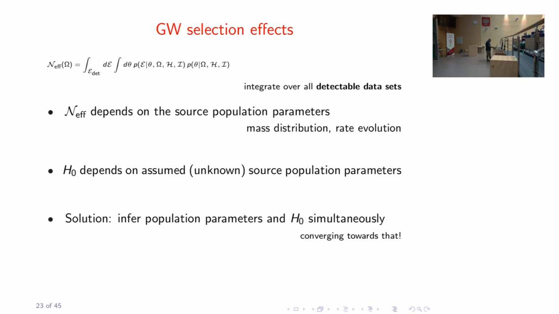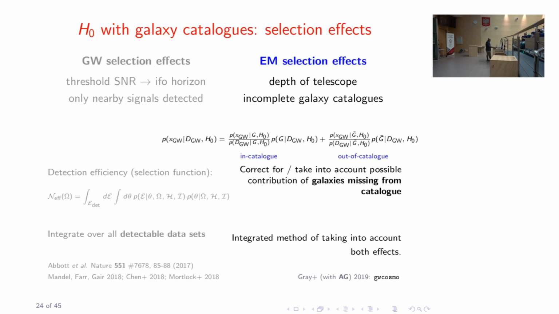I already said out loud what is written over here: whatever is needed for selection effects depends on source population parameters, so one has to do a joint estimation. With galaxy catalogs, there's also another effect that the galaxy catalogs are not complete, so one has to model the out of catalog term, which we are also currently doing, otherwise one would be led to a bias. And we have some results putting most of this in. We are not doing a very rigorous job at the moment.